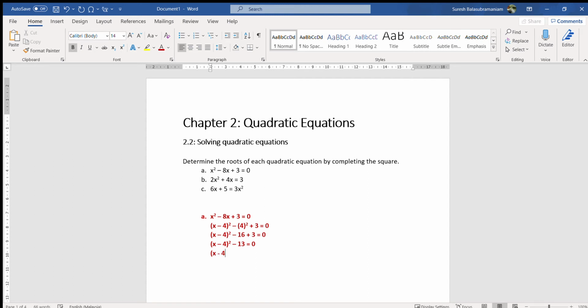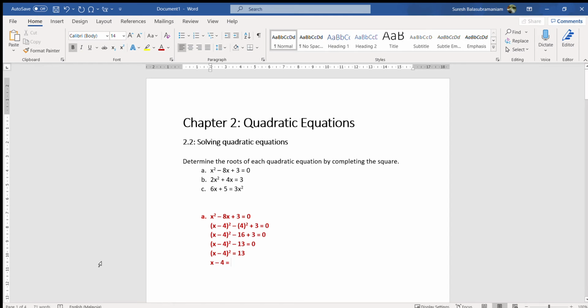X minus 4 squared equals 13. Bring your 13 to the right of the equation. So x minus 4 equals, I'll bring my square to the right of the equation, so I'll get a square root.